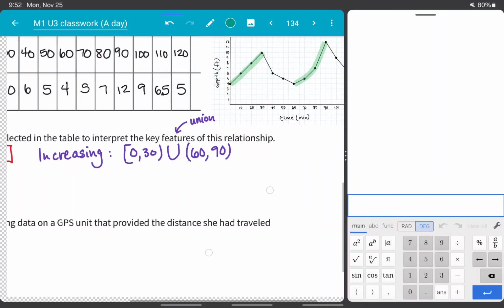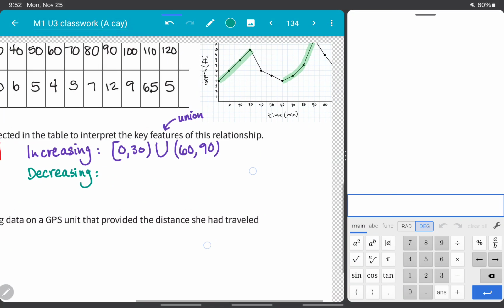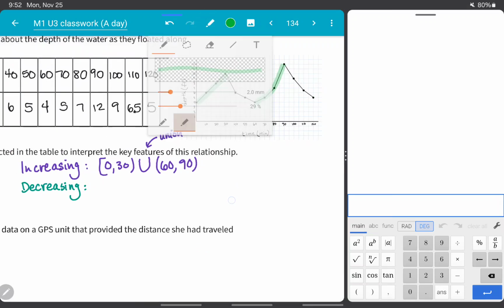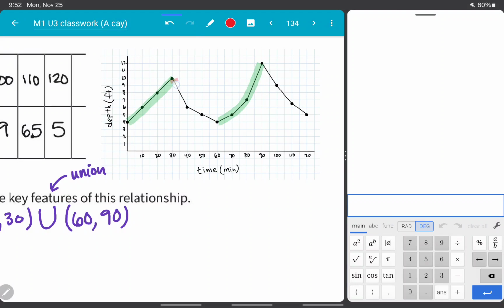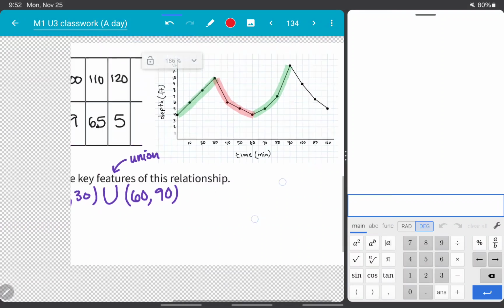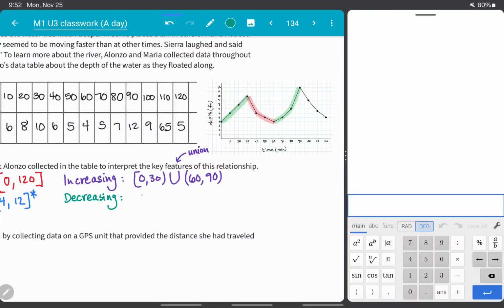Okay, now let's talk about where it's decreasing. There's a part where it's decreasing here, and that's from 30 to 60. We're going to grab that 30 to 60 here.